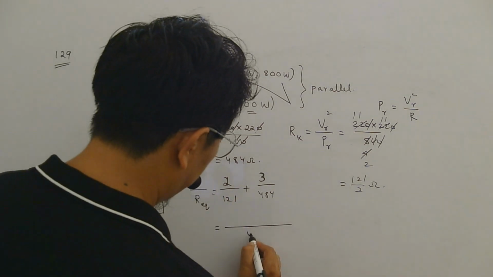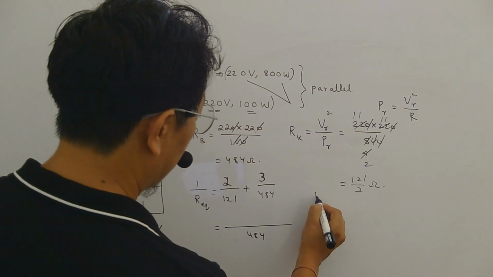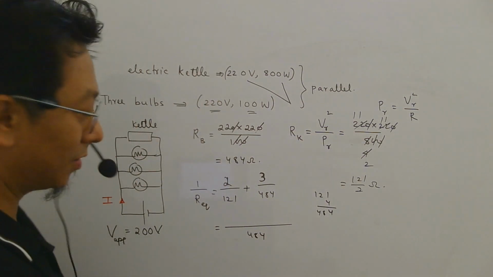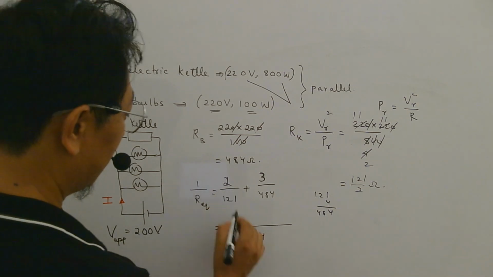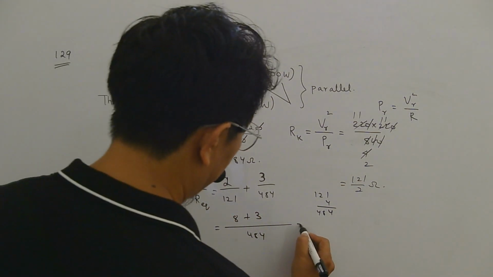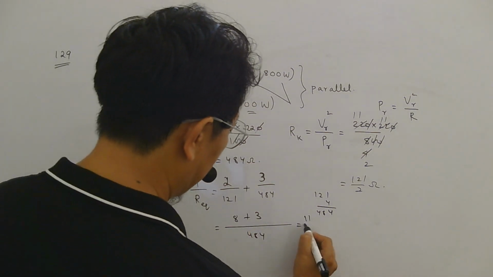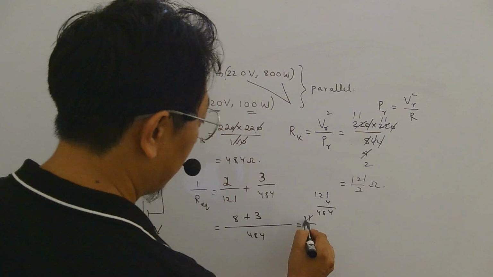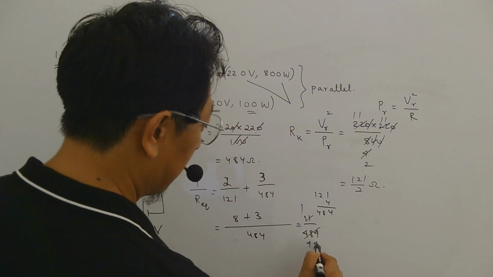So this will be 484. 121 times 4 is 484. So this is 4 times 2 is 8, plus 3, that will be 11. 11 by 484 gives 11 4s are 44.